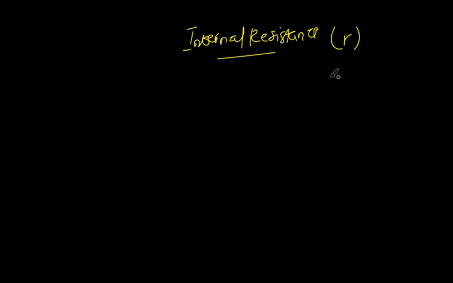Whenever we have an internal resistance, the total resistance of that particular circuit becomes what? The R total becomes the resistance of the resistor, in case we have a resistor over there, plus the internal resistance of the cell.